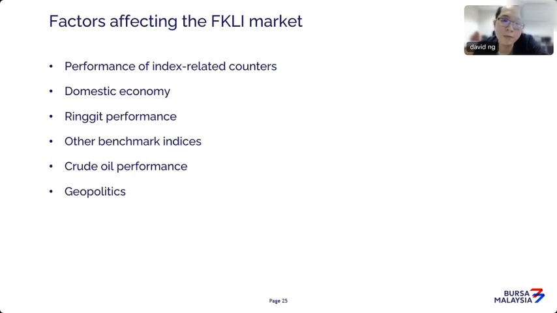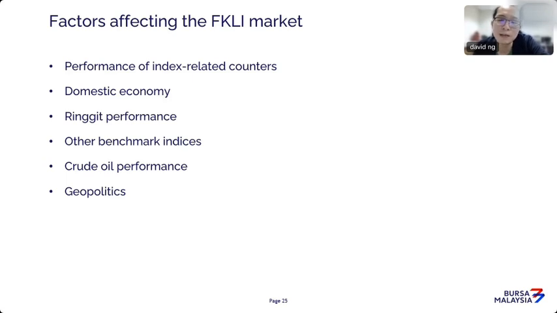Ringgit is also a major player again. I think both the CPO market and FKLI market, ringgit has quite a major influence. So when it comes to FKLI performance, ringgit has also determined the direction for the FKLI market as well. Now, other benchmark indices, this is especially relevant to the US index market.